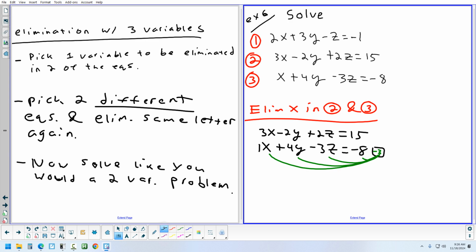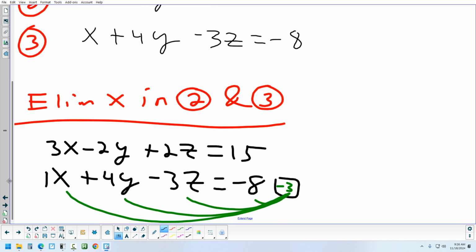Okay. What's my new equation going to be for the top one? So they're the same. It stays the same. So I'm just going to copy that over. 3x minus 2y plus 2z equals 15.